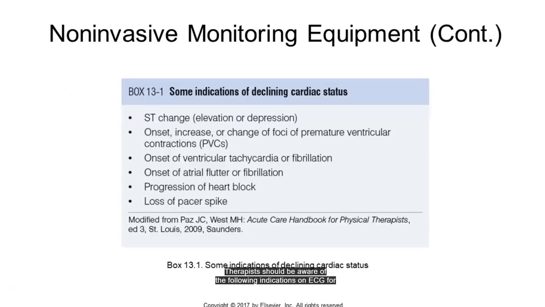Therapists should be aware of the following indications on ECG for declining cardiac status. They include ST changes including elevation or depression, the onset or increase of PVCs, onset of ventricular tachycardia and fibrillation, progression of a heart block, particularly a third-degree heart block, and loss of pacer spikes.